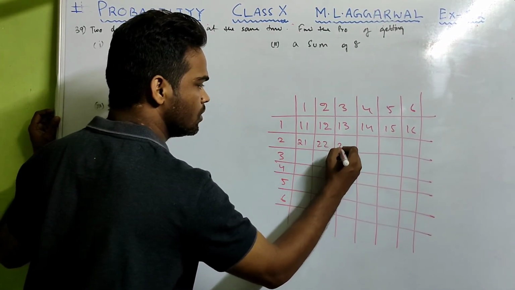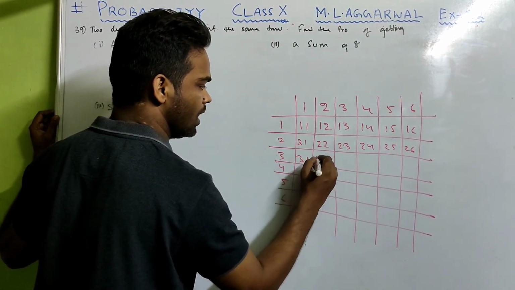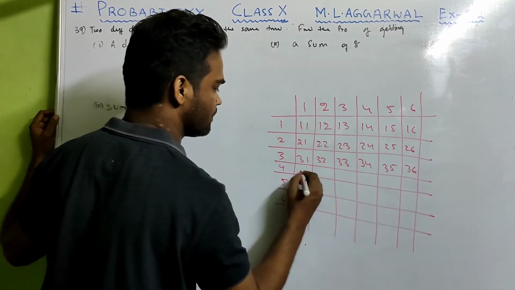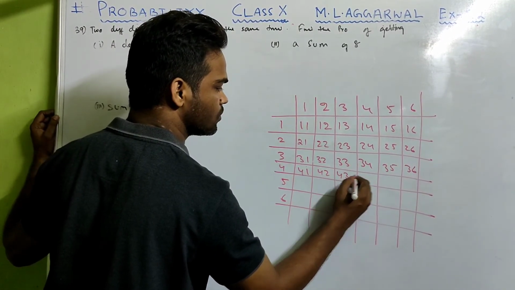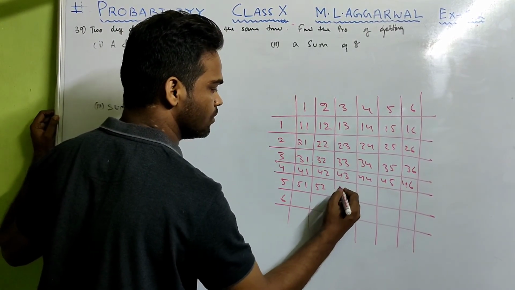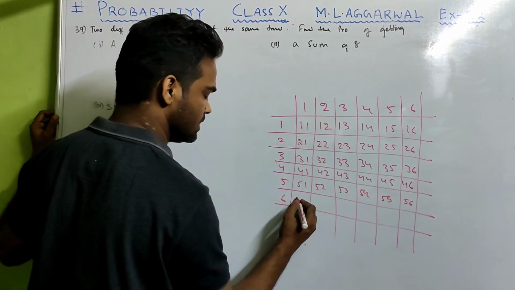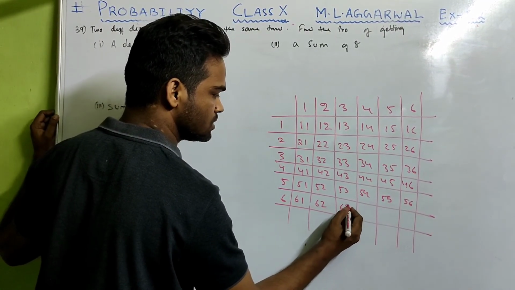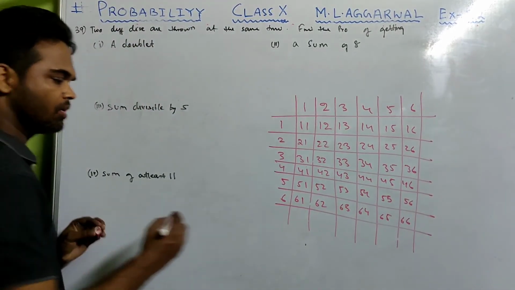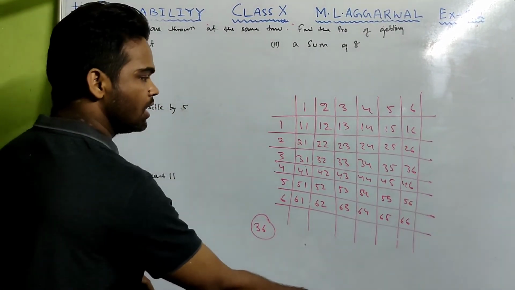So 2,2; 2,3; 2,4; 2,5; 2,6. 3,1; 3,2; 3,3; 3,4; 3,5; 3,6. 4,1; 4,2; 4,3; 4,4; 4,5; 4,6. 5,1; 5,2; 5,3; 5,4; 5,5; 5,6. 6,1; 6,2; 6,3; 6,4; 6,5; 6,6. Now there are altogether 36 outcomes, if you can see. Okay. Now see what they're asking.